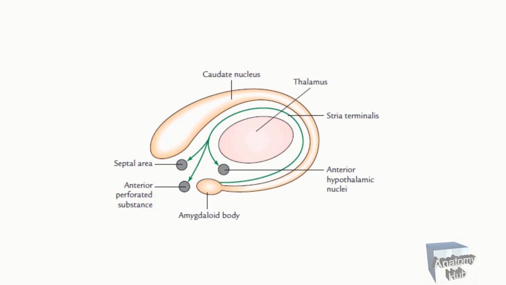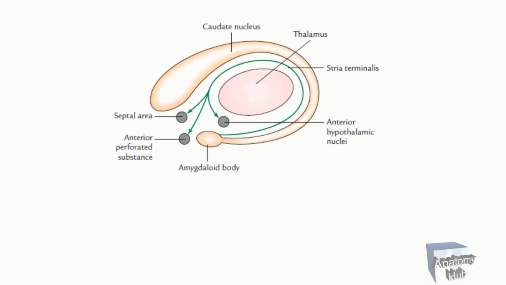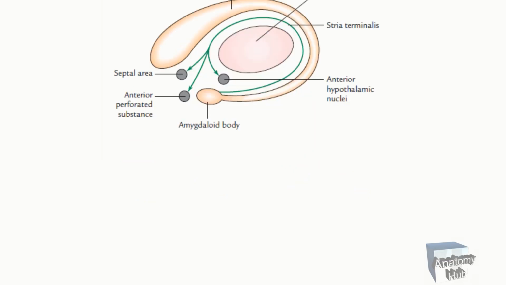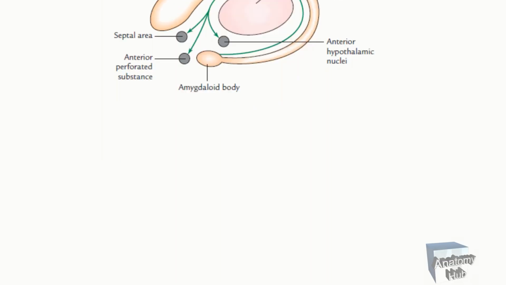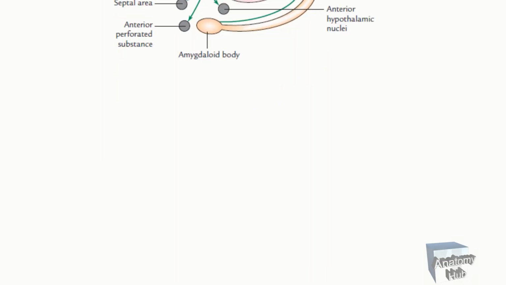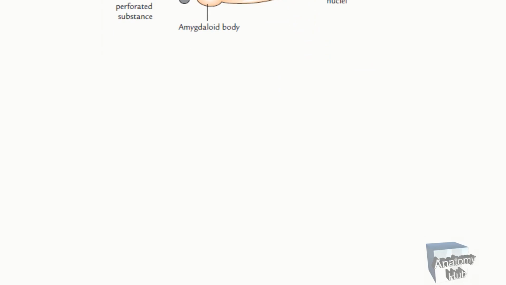The head is large and rounded, and forms the floor and lateral wall of the anterior horn of lateral ventricle. The bands of gray matter connected to the putamen across the anterior limb of internal capsule. The body is long and narrow, and forms the floor of the central part of lateral ventricle.